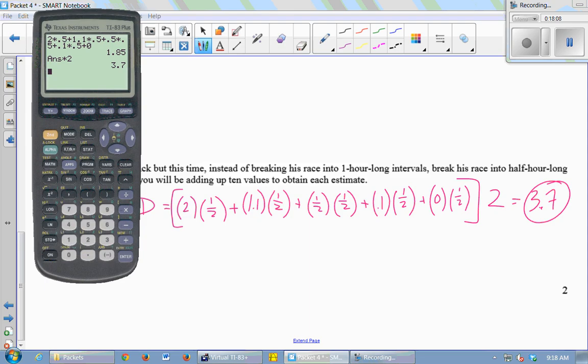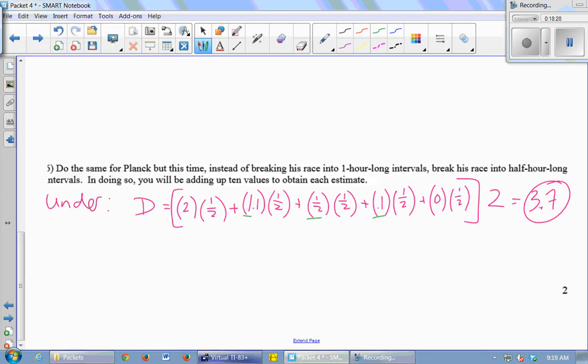Now, notice that some of these numbers I estimated because the scale wasn't perfect, like this 1.1 and that 0.1, and also this half. So if you came out with something slightly different because you used a 1.2 or a 1.15 or something, that's fine for now. All right, so that would be an underestimate for how far Planck traveled, 3.7 miles.